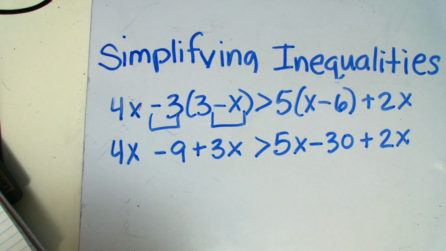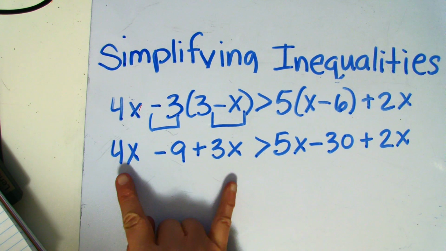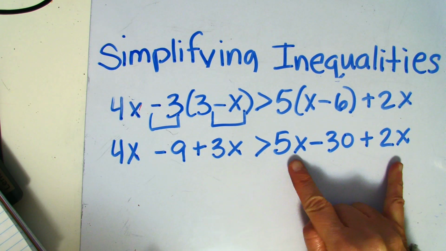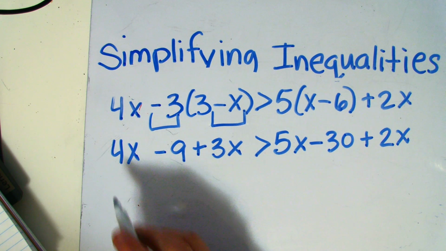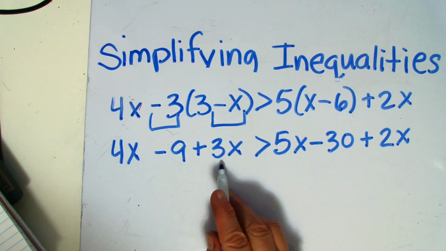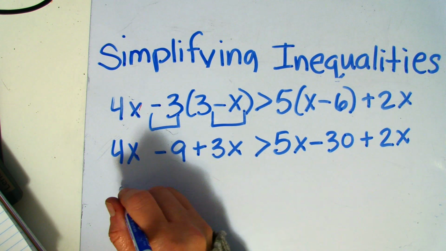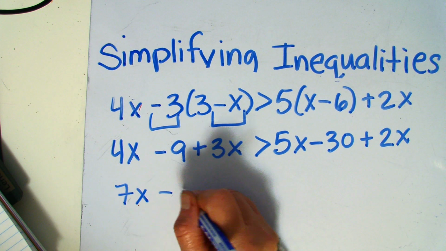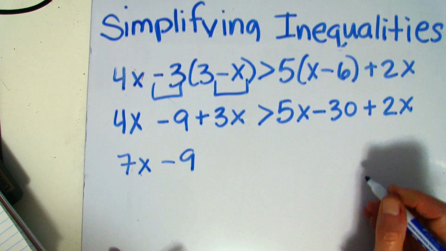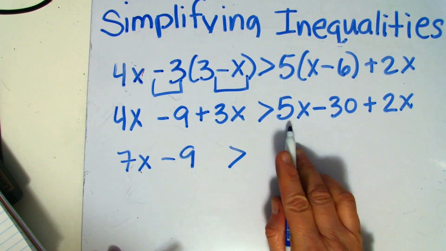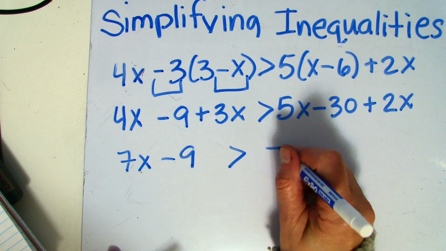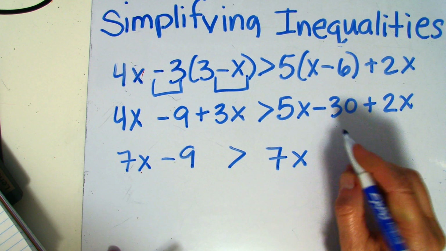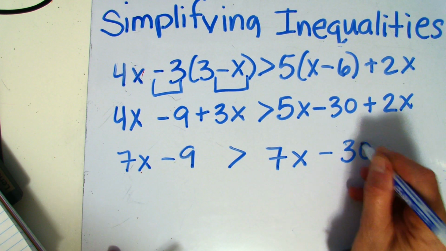Now that I've completed distributive property, it looks like I can combine some like terms on both the left side of the inequality and the right side. So positive 4x plus 3x is a positive 7x minus 9, and a positive 5x plus a positive 2x is 7x minus 30.